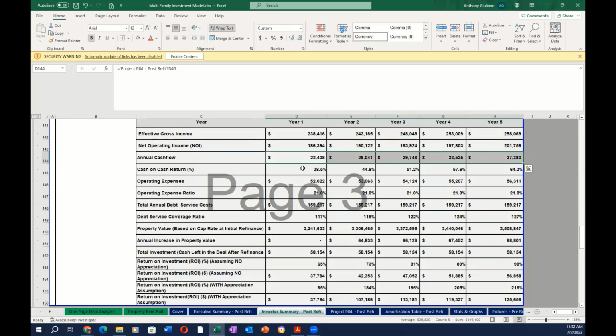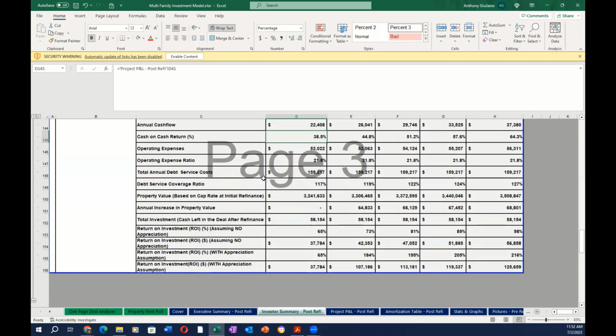Cash flow, how is that going to grow? Cash on cash return, operating expenses, showing how your debt service coverage ratio will grow. And then ultimately showing your return on investment, assuming no appreciation in each year, and your return on investment with appreciation, all of that.